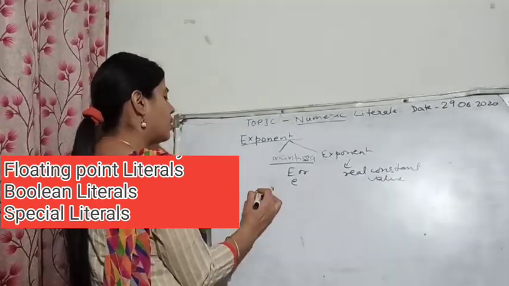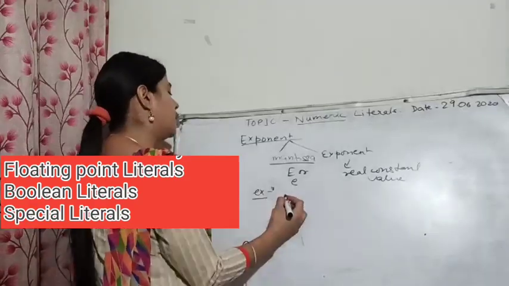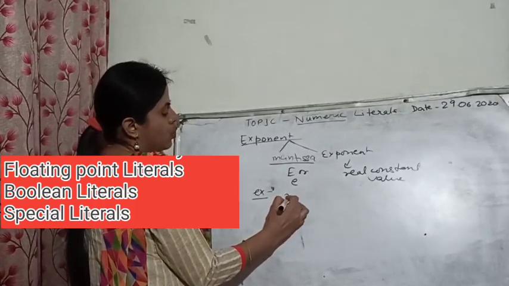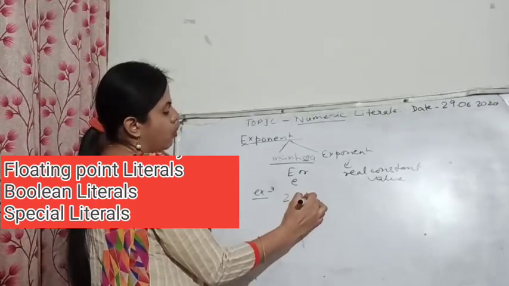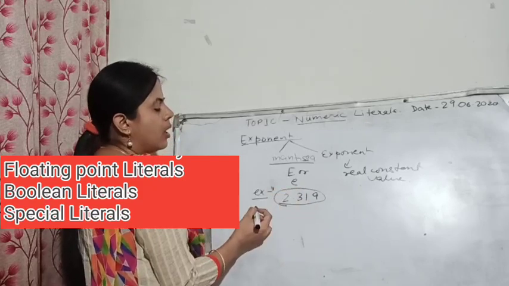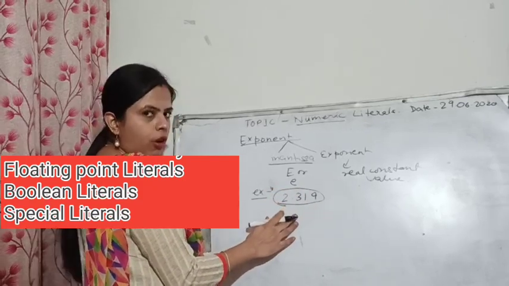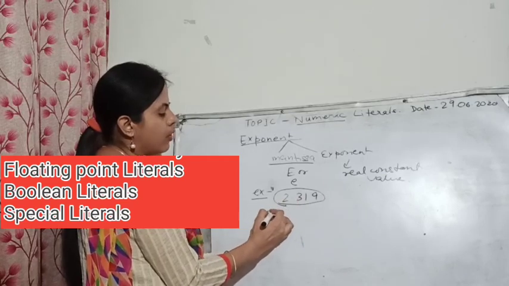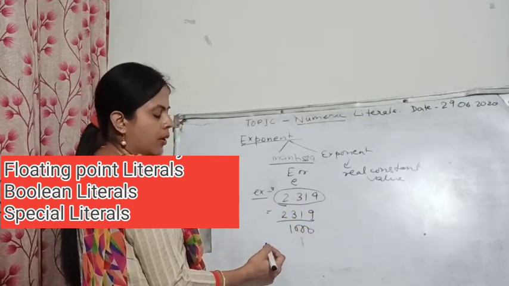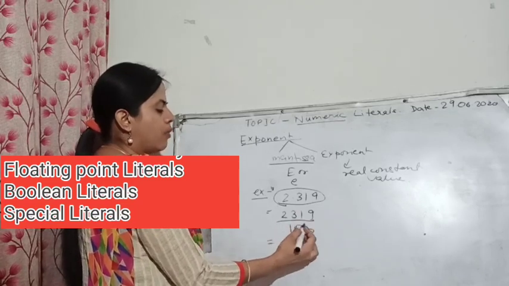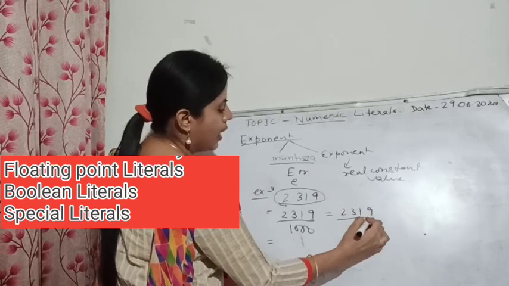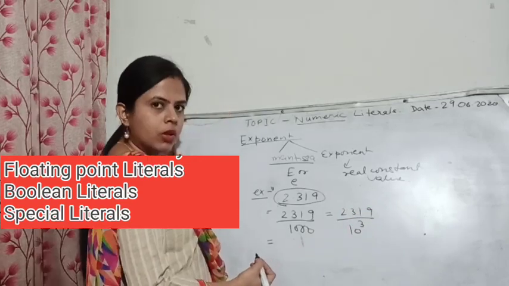Suppose, for example, I have 2.319. If this is the number and we have to write the exponent form of it, how will we write it? It will be written as 2319 by 1000, that is, 2319 divided by 10 to the power 3.